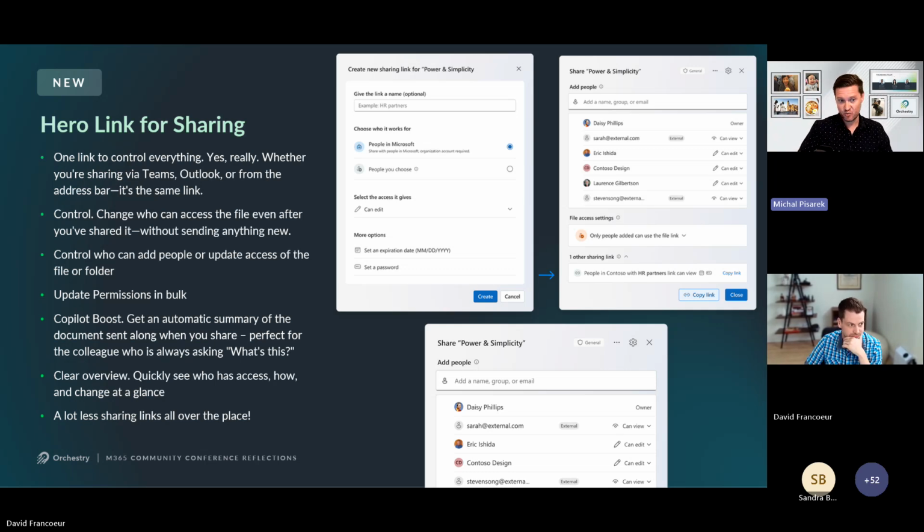I think this is a really great thing. It just means you're not going to have 20 sharing links for a single document, for example. It would be one sharing link, and then you've got a whole bunch of things that you can actually edit and do. I haven't seen this in action, but from what Microsoft presented, it looks super useful.